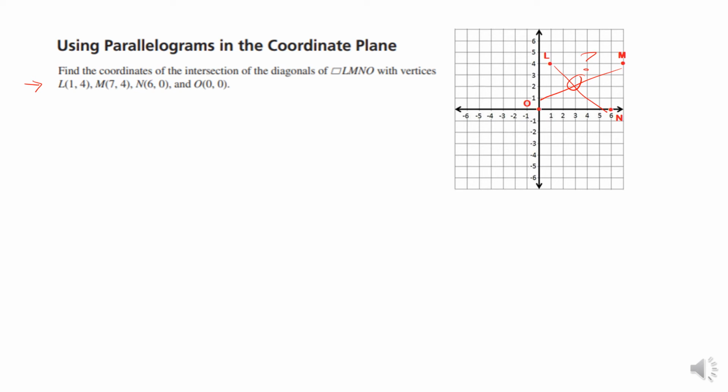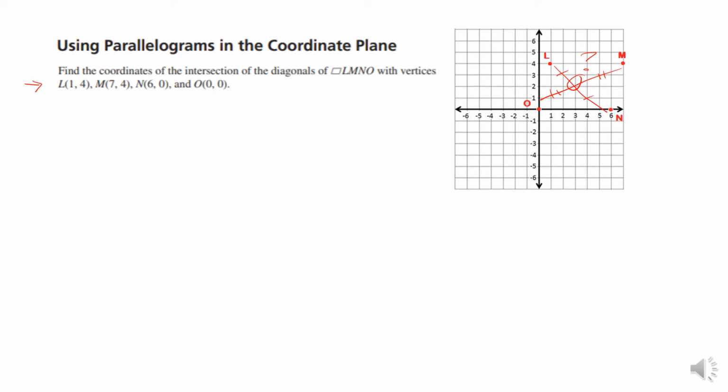So what we need to remember is that using the parallelogram diagonals theorem, we know that these are congruent. Okay, so that tells me that this is a midpoint. So I can use the midpoint theorem.